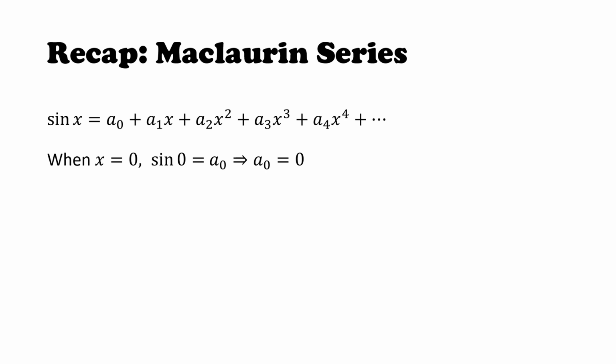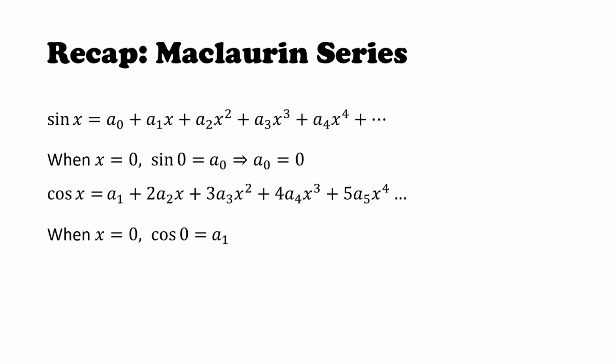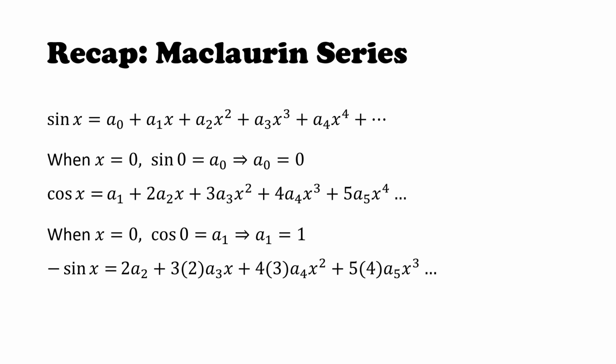Now to find a1, we differentiate both sides. This time we'll have cosine x equals a1 plus 2a2x and so on. And again, we substitute x equals 0. This will tell us that a1 equals cosine 0, which equals 1. So we just keep repeating this process of differentiating both sides and substituting x equals 0 ad infinitum.